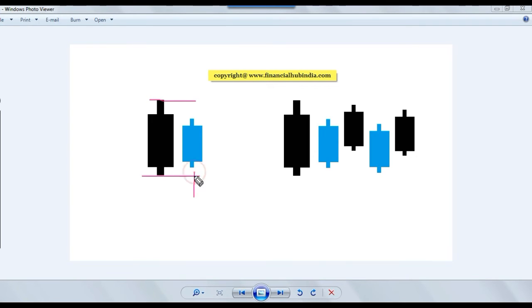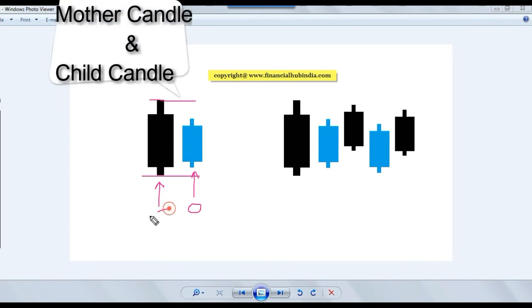Now in these scenarios, there are names of these candles. This candle is known as mother candle, mother. And this candle is known as child candle. This is mother and this is child. So you can have multiple child also in a single mother. A single mother can have multiple babies, isn't it? Same. So you have high and low here, high and low.